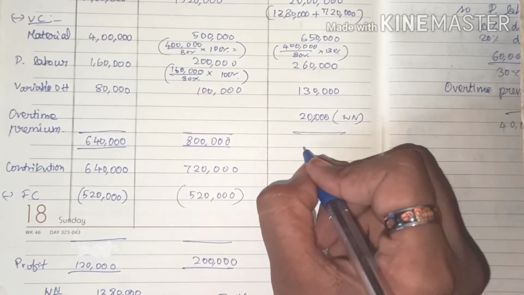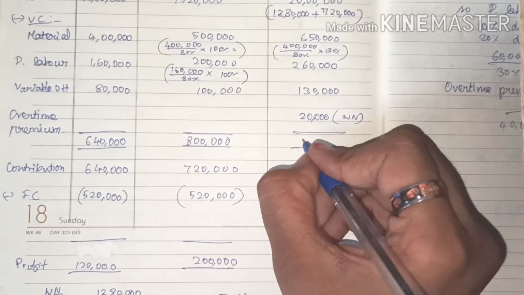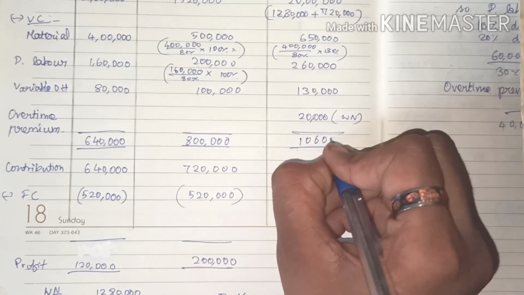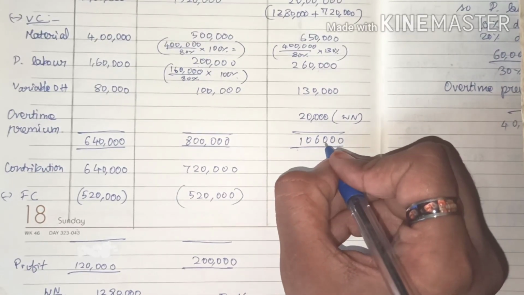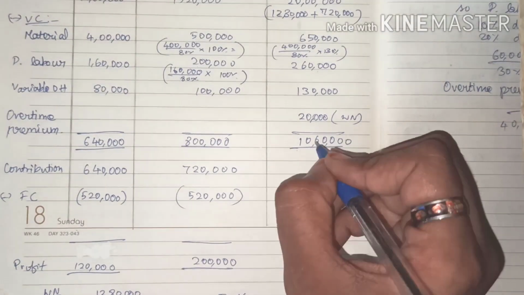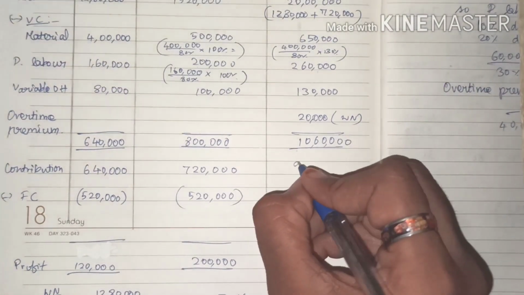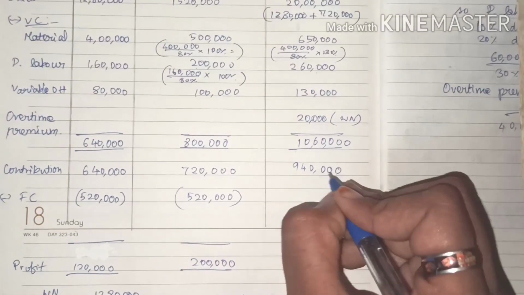And then if you add, you will get variable cost 10,60,000, and then contribution is 9,40,000.